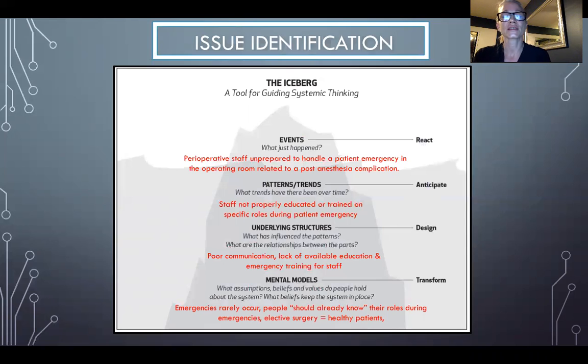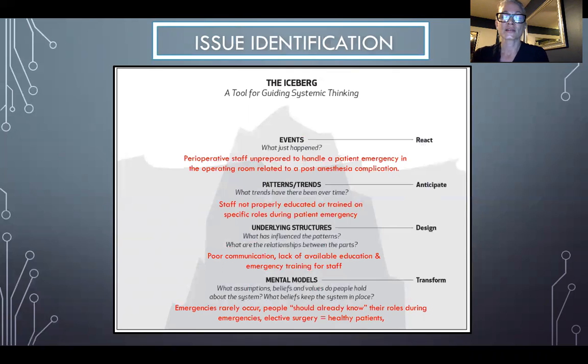So the reaction is the perioperative staff is unprepared to handle a patient emergency in the operating room related to a post-anesthesia complication. So we're saying this event just occurred. We then move down into that 85 to 90%, looking at the patterns and trends with our anticipation. And we're saying, okay, the staff was not properly trained or educated on specific roles during patient emergency.